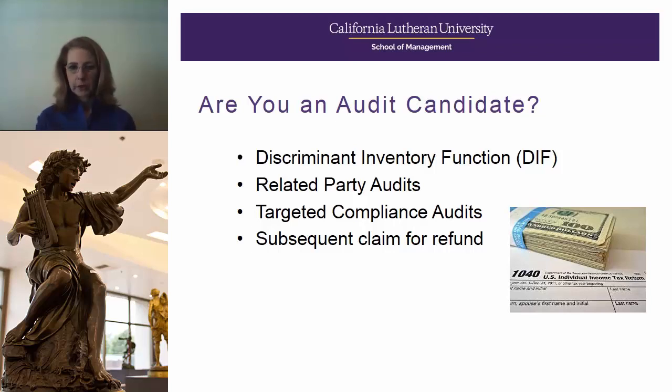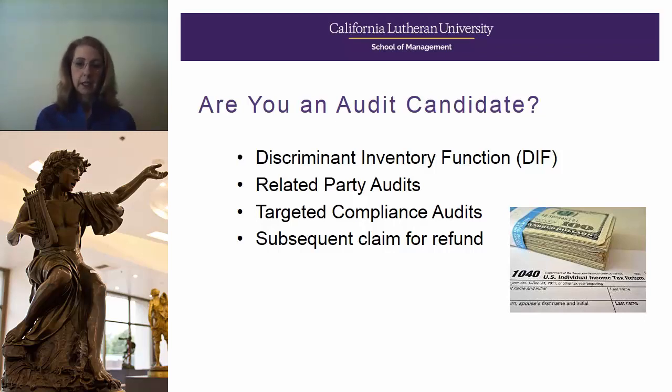It's that algorithm, that formula that you've probably heard about before, where a taxpayer's tax return data is fed into a system and it's scored based on filing status, location in the country, amount of deductions. All of these numbers are fed into the algorithm, and if the taxpayer ends up being an outlier, if deductions are a lot larger for income than his peer group, that taxpayer could be pulled out for audit.